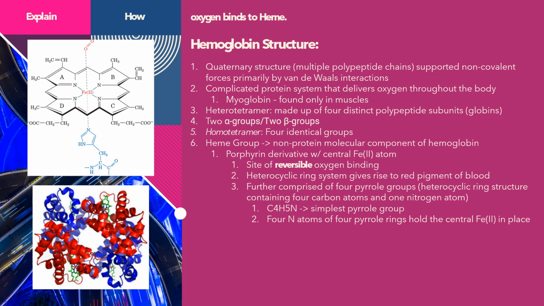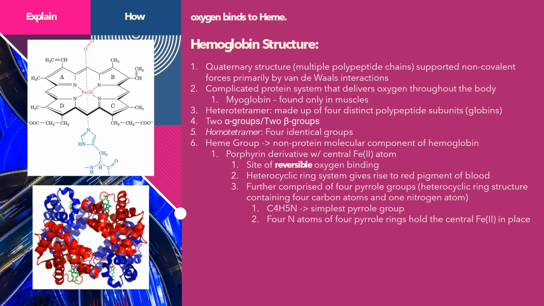It's probably most notably defined by a quaternary structure, meaning multiple polypeptide chains supported by non-covalent forces, primarily weak forces, a la van der Waals interactions. And those polypeptide chains are the coils, the helices you see in the bottom left picture in blue and red. So, a complicated protein structure that delivers oxygen throughout the body.